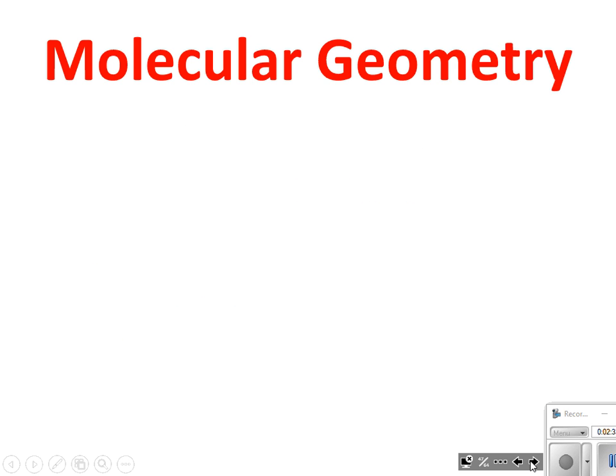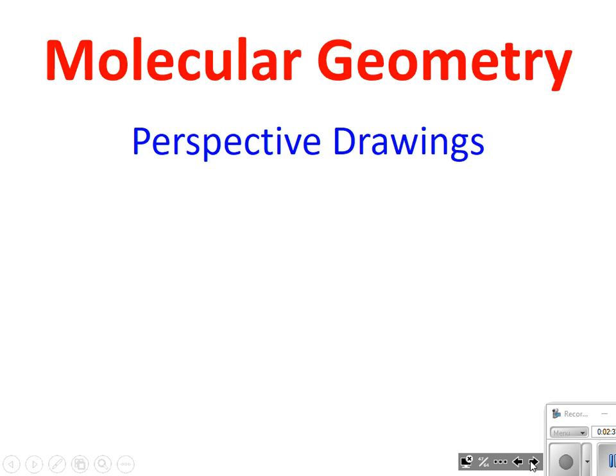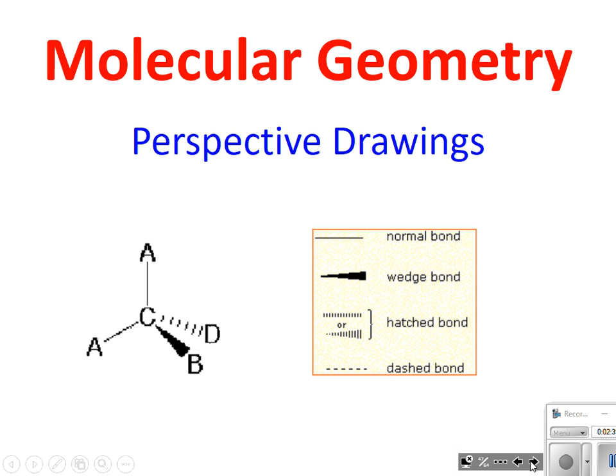Now here's the new stuff, molecular geometry. And I would like for you to get that slide right there in your notes. I'm going to pass out a packet that you are going to need to do molecular geometry. So copy this down in your notes.